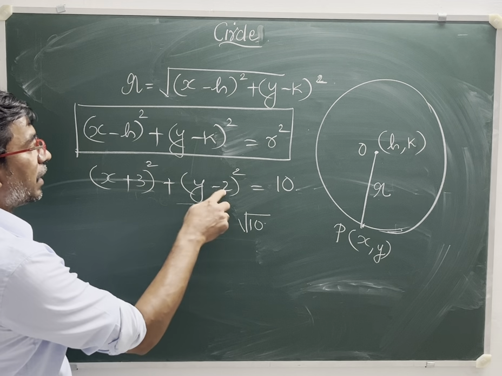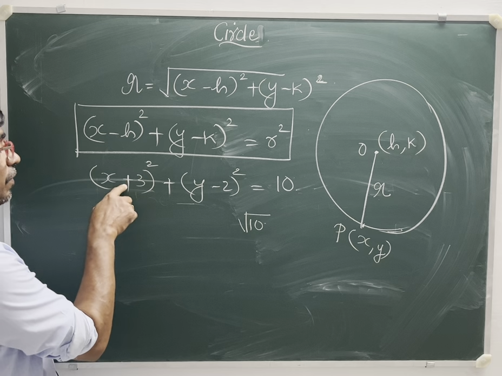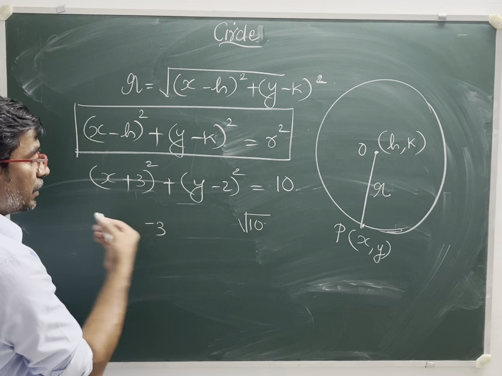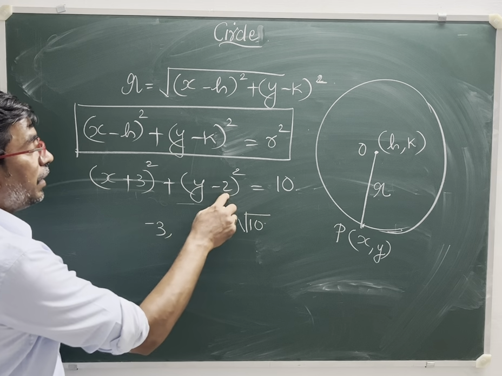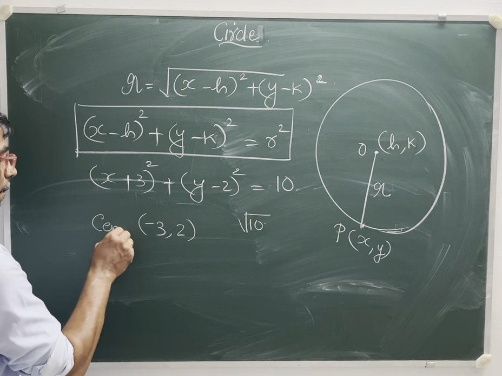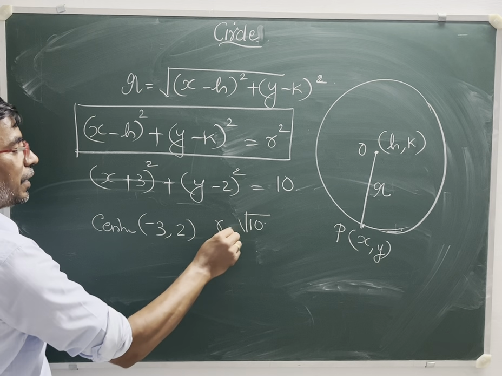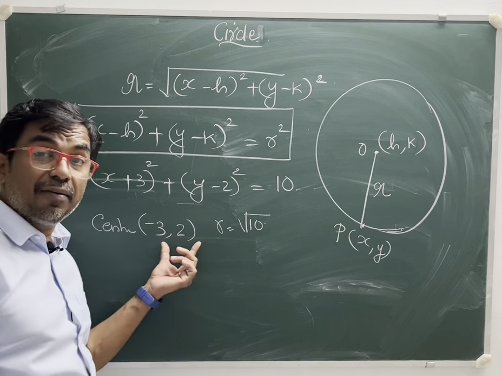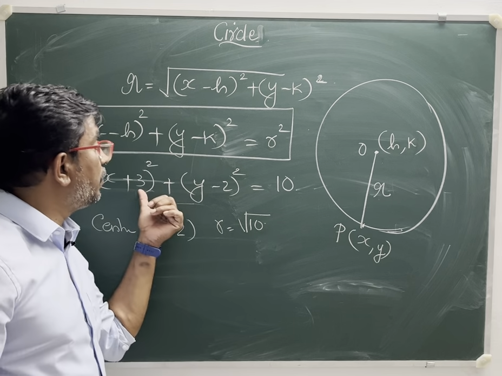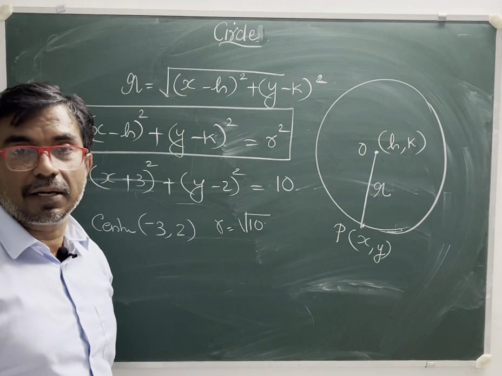The center of the circle, according to the form of the equation, the sign should be opposite, so I will take this as minus 3, and the y coordinate is 2. So this will be the center of the circle. So we have the center and the radius. If you give me the center and radius, I can work it out and get the equation of the circle like this.